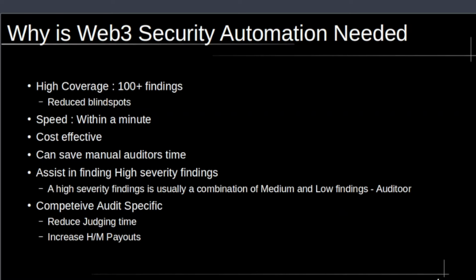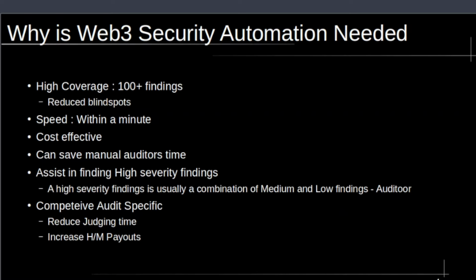Those vulnerabilities might be valid in terms of severity, valid mediums for example, but because of how simple and straightforward they are to find, they can take away the reward from the very unique and protocol-specific findings.